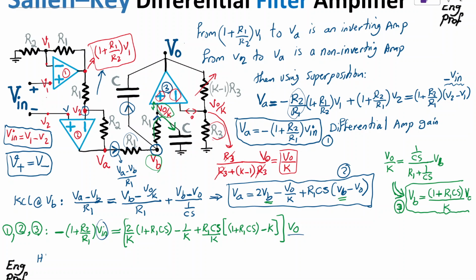So the overall transfer function, or H of S, which is V out over V in, becomes as simple as minus K, 1 plus R2 over R1.